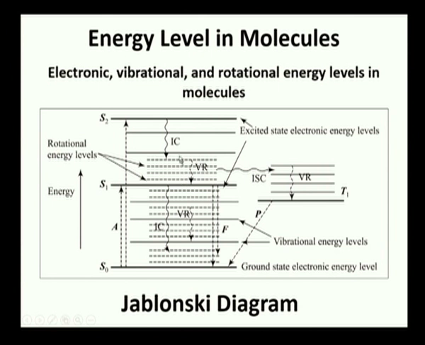Now, in this diagram you can see different notations, which are IC, VR and ISC. Let me tell you in brief what IC is. IC is known as internal conversion, VR is known as vibrational relaxation, ISC is known as intersystem crossing, F is known as fluorescence and P is known as phosphorescence.